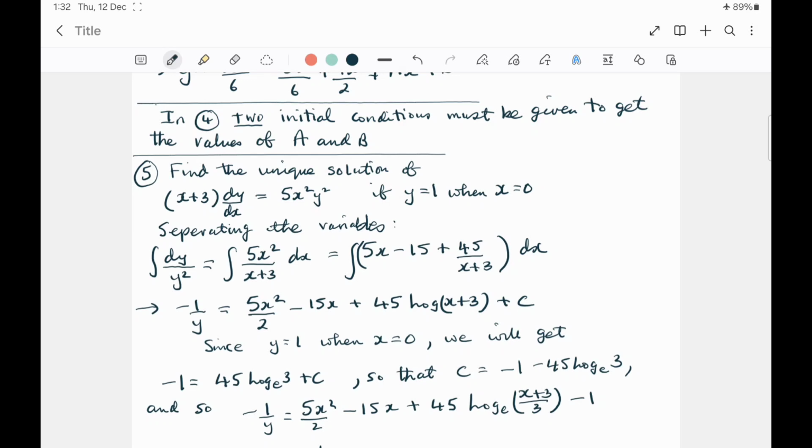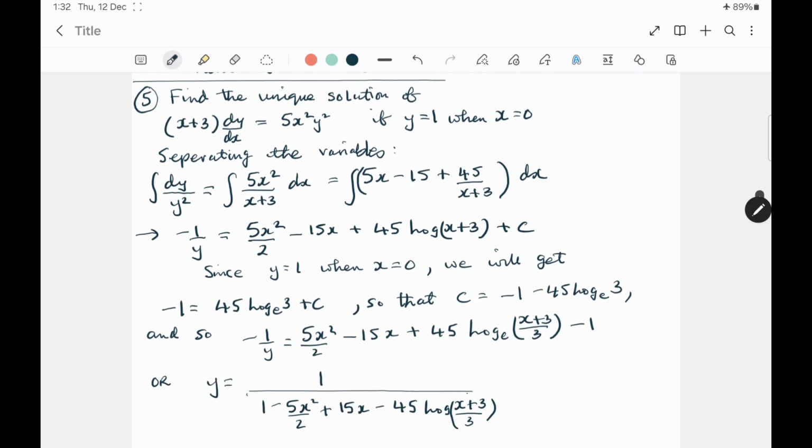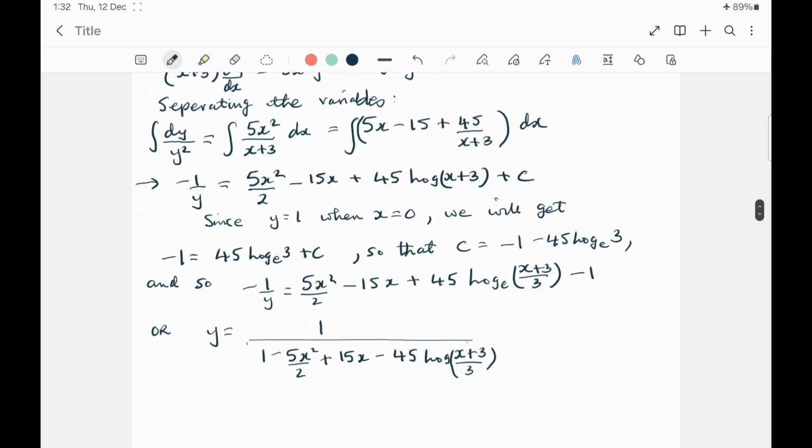Now, since y equals 1 when x equals 0, plugging those into that equation, we'll get minus 1 equals 45 log to base e of 3 plus c, so that c is equal to minus 1 minus 45 log to base e of 3. And so we end up with minus 1 upon y equals 5x squared over 2 minus 15x plus 45 log to base e of (x plus 3) over 3, and minus 1.